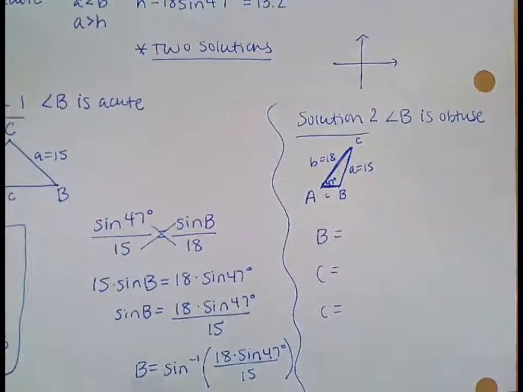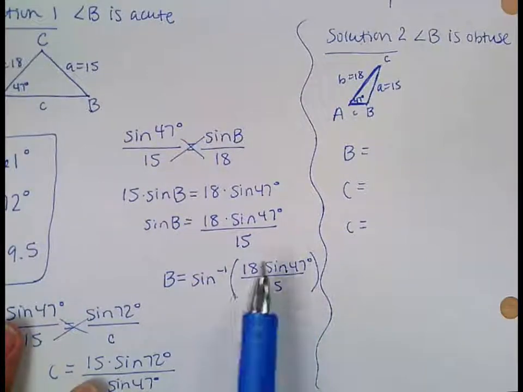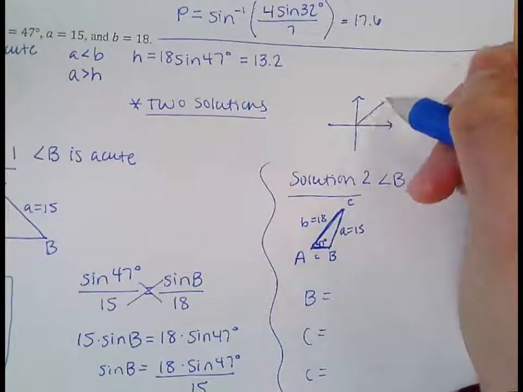When you use a calculator to find an angle using inverse sine, inverse cosine, or inverse tangent, your calculator is going to give you the angle as an acute angle. And it has to do with what the domain and range of the inverse trig functions are. So when we did inverse sine of this value to find angle B in solution 1, we got 61 degrees.